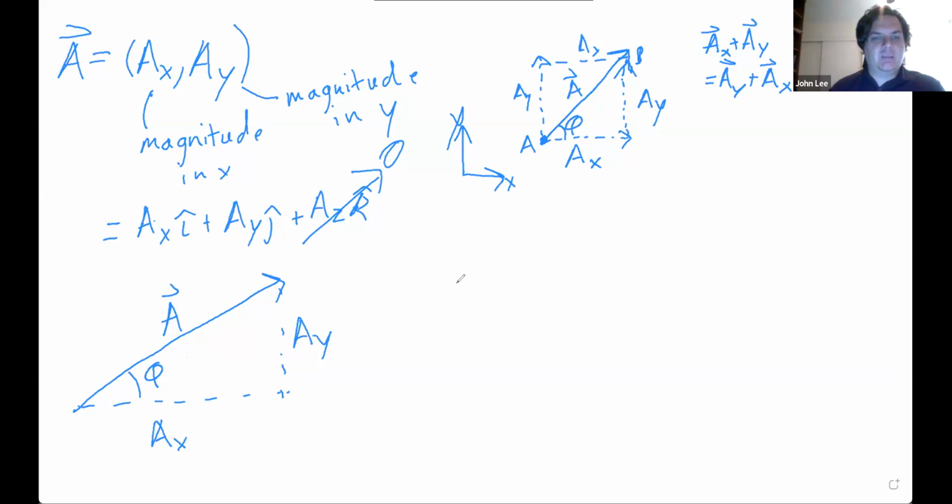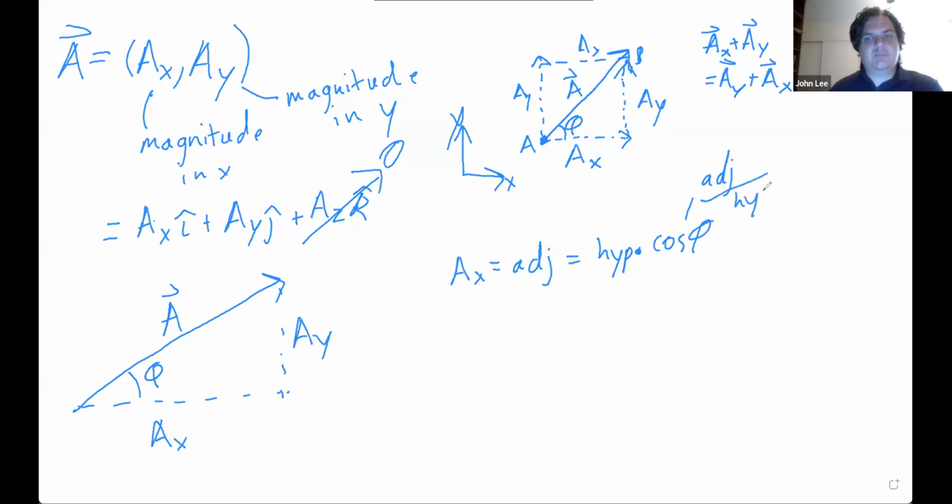So AX is going to be the adjacent side, which is going to be the hypotenuse times cosine of phi, because cosine of phi is adjacent over hypotenuse.